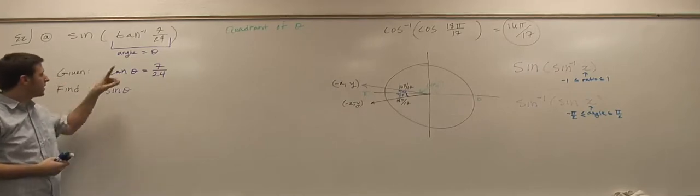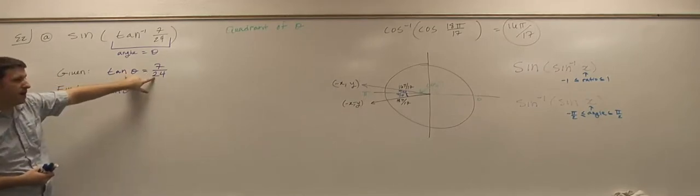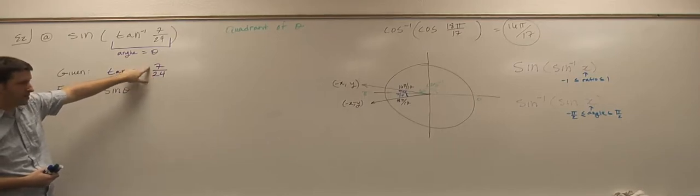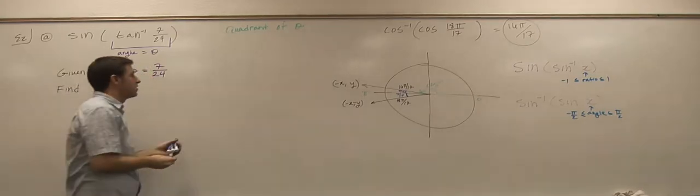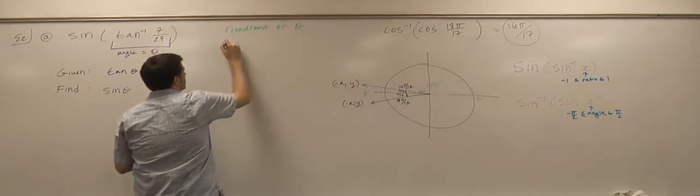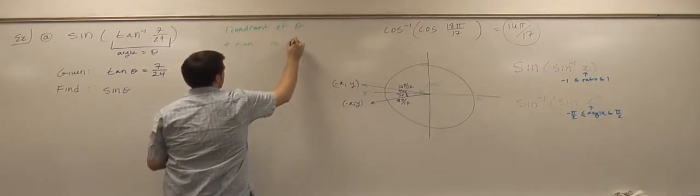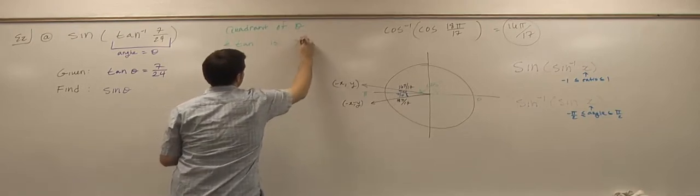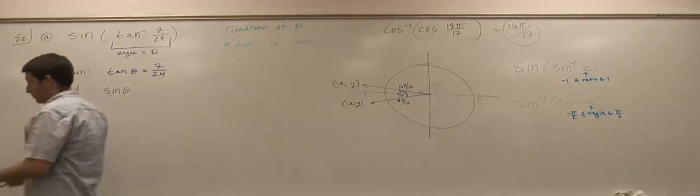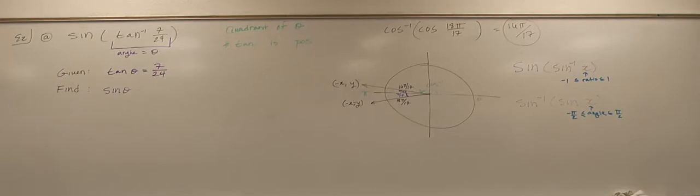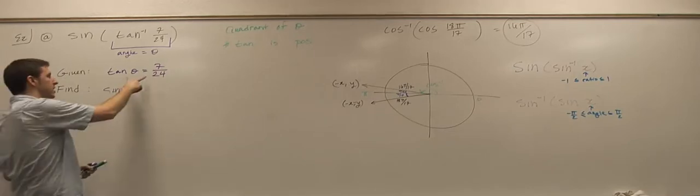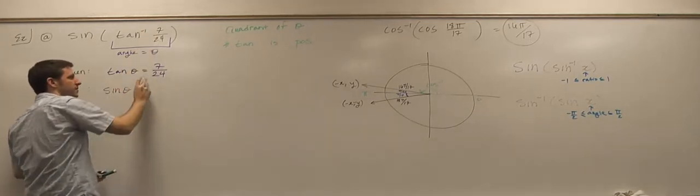One is the fact that tangent is positive. Tangent is equal to a positive number. There's no negative sign here. So one fact is that tangent is positive for this problem, which just comes from the fact that this number here is positive.